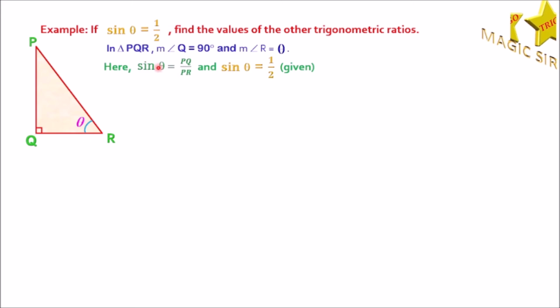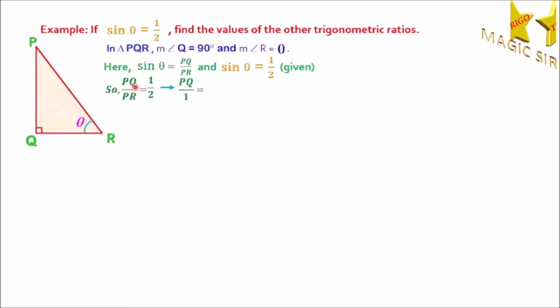Here sin theta is equal to PQ upon PR by using the definition of sin theta. But sin theta equal to 1 upon 2 is given. So comparing the values of sin theta, we can say that PQ upon PR is equal to 1 upon 2.